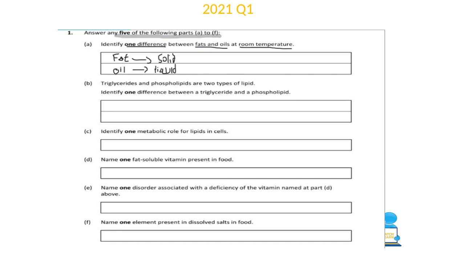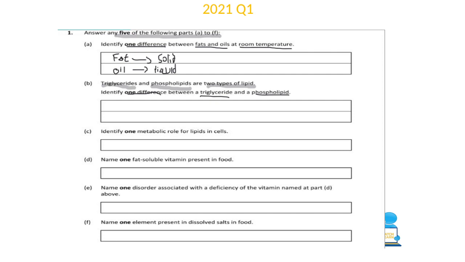The next question is focusing on fats again. So a lipid, otherwise known as a fat, and there's 2 types, triglycerides and phospholipids. Again, we're going to take our time to understand what we've been asked, and we're asked to give one difference between a triglyceride and a phospholipid. I'm going to use a highlighter here to indicate just a couple of things.